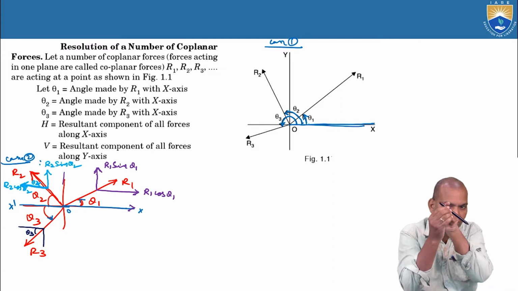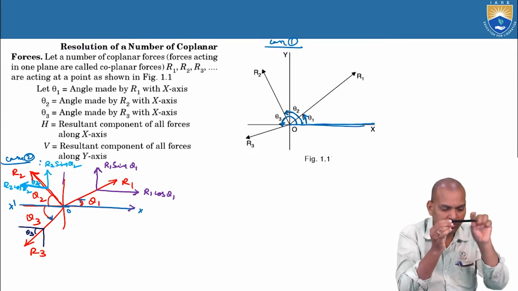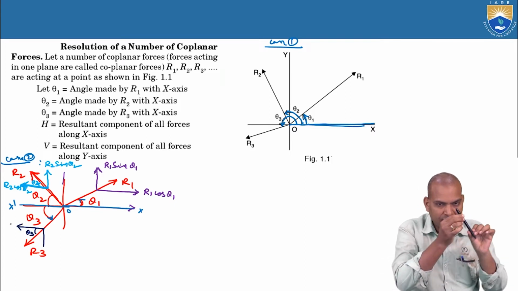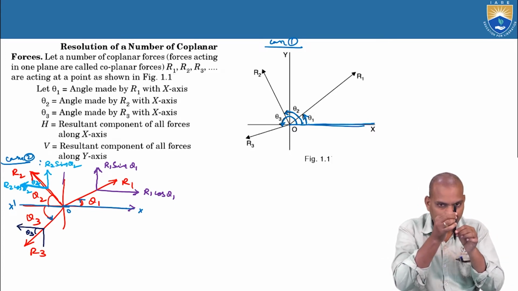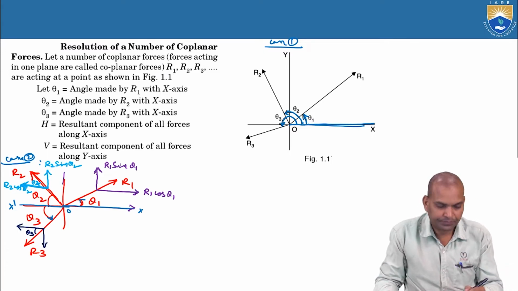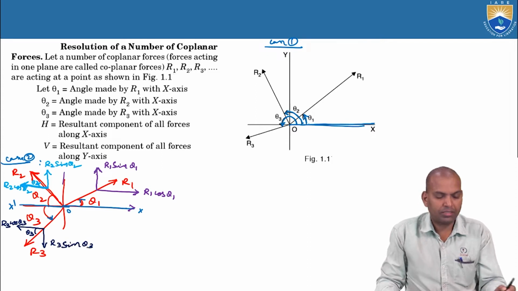This theta 3 is in the downward direction. Make it horizontal, this is the direction it moves. Now make it vertical. It is not vertically upwards, it is downwards. So what about this horizontal component? This is R3 cos theta 3, and here it is R3 sin theta 3.